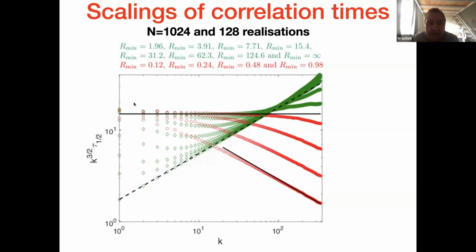And you can see that if I increase the Reynolds number, I need to increase it a lot, because if I increase it just a little bit, at truncation it starts with the inviscid scaling, but then it goes to the KPZ fixed point. But finally, when the amount of noise and dissipation is very, very small, you see this crossover, and the thing goes into the k to the minus 1 scaling here. This is the infinite Reynolds number, which goes all the way down with k to the minus 1, okay?